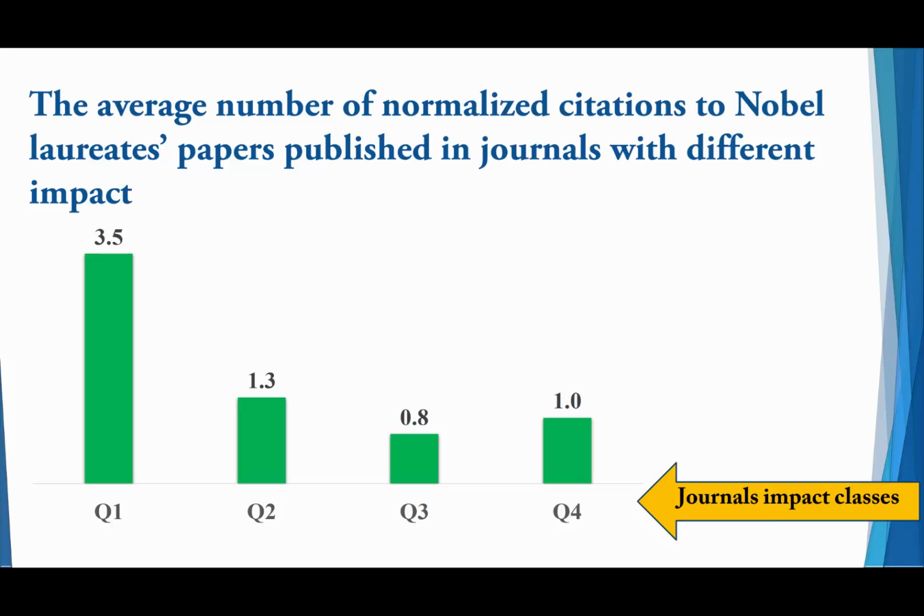On average, the papers of Nobel Prize winners published in Q1 journals are 250% more cited than the global average, while the papers published by them in the Q3 journals are 20% less cited than the global average.